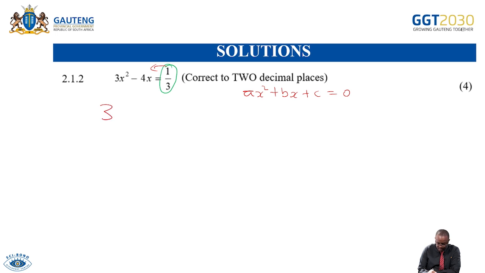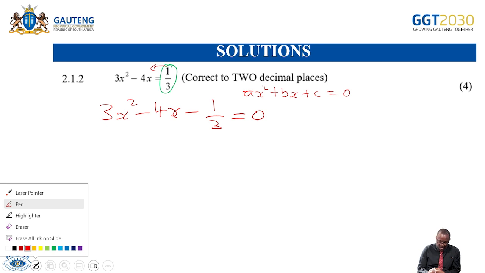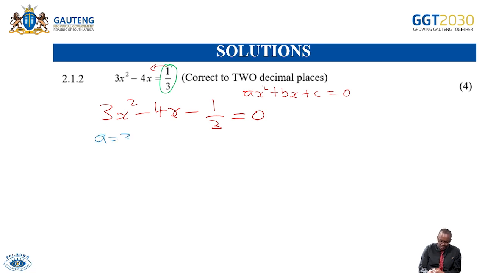Then we have 3x squared minus 4x minus 1 over 3 is equal to 0. Now we have the standard form of a quadratic equation. Then we identify our value of a is 3, value of b is negative 4, and value of c is negative 1 over 3.